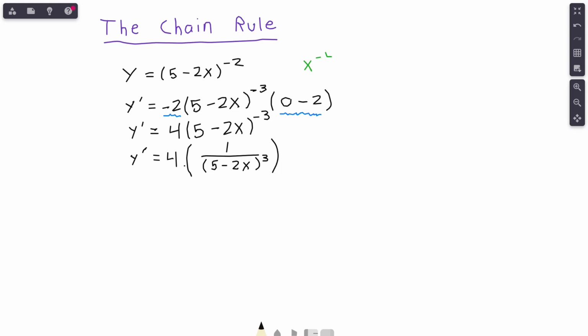If you multiply across, think of this as 4 over 1, we multiply the numerators to get 4, and in the denominator we just have (5 minus 2x) cubed. And that right there is our derivative.